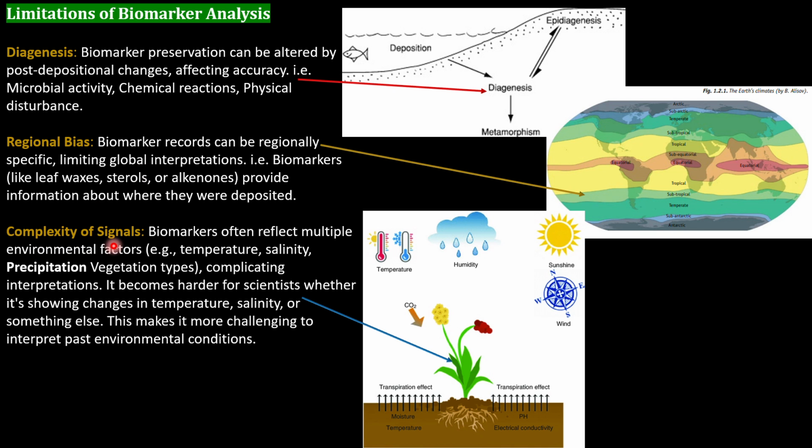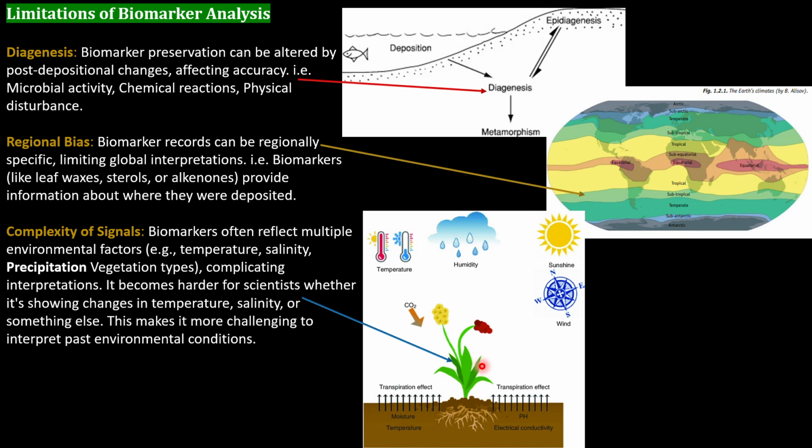Complexity in signal means the biomarker often reflects multiple environmental factors like temperature, salinity, precipitation, and vegetation. So it is complex: does it tell temperature or salinity? One proxy cannot interpret one environment; it will reflect multiple environments, so it will be a little bit confusing.